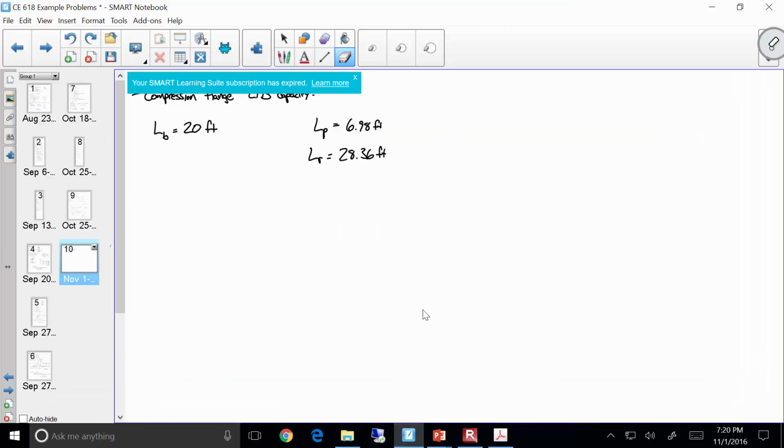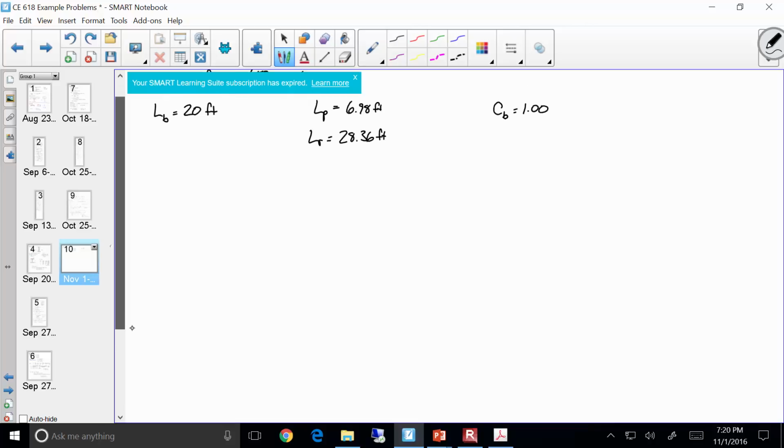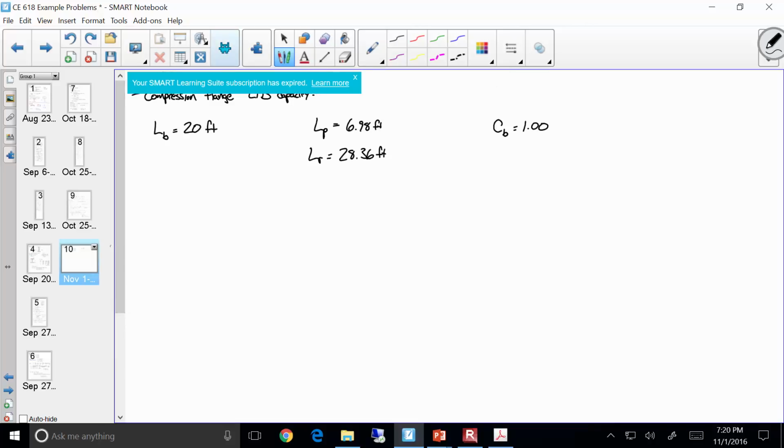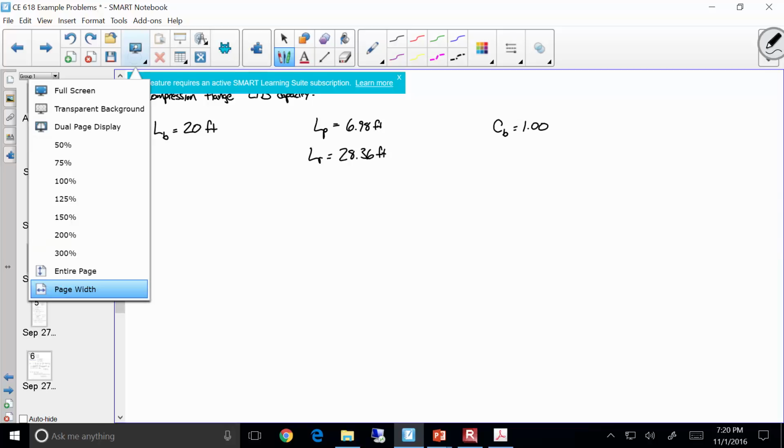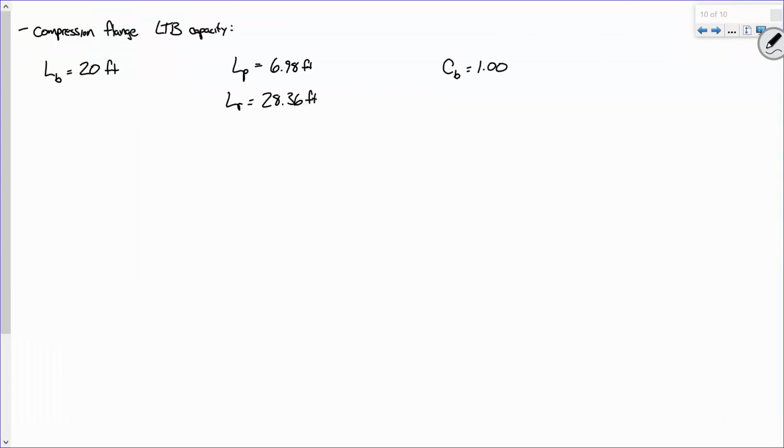So, now, one other thing we're going to need is C sub B, but we've already computed that, and that's 1, okay? Okay. So, if you've got C sub B equals 1, then here's your capacity.